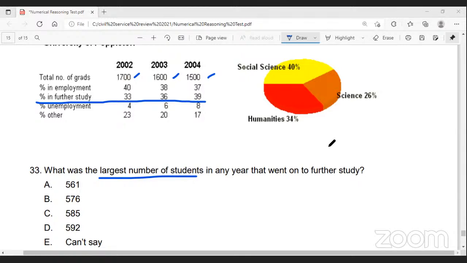Careful with the number of places, Mark. 33 percent times 1,700. It would be 0.33 times 1,700, 0.36 times 1,600, 0.39 times 1,500. Okay. 561. Right. Ang una, yes, 561. Next.